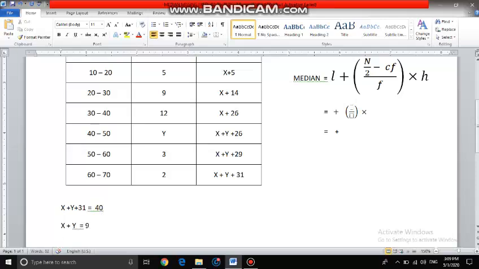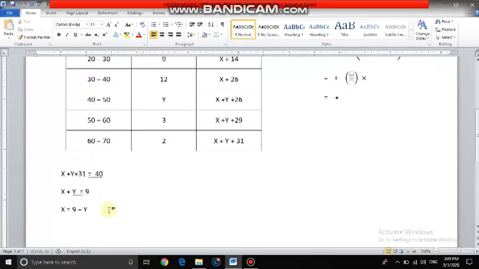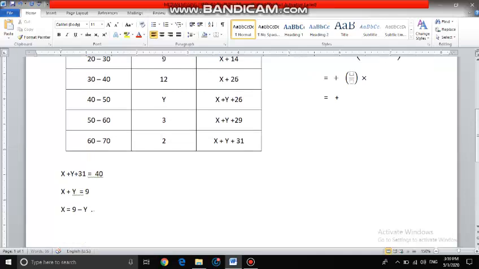Or, one further step, x equals 9 minus y. We call this equation number 1.